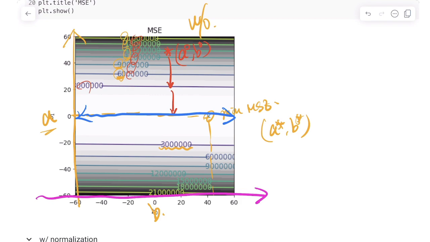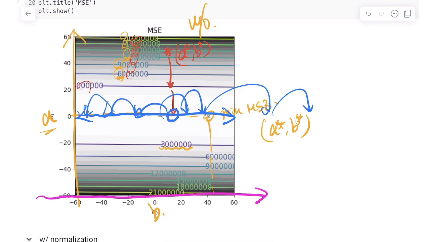So even if you are already at the bottom of the A axis, in the B direction the slope is very small. So it takes you some time and a lot of different steps to figure out where the smallest value of MSE is.